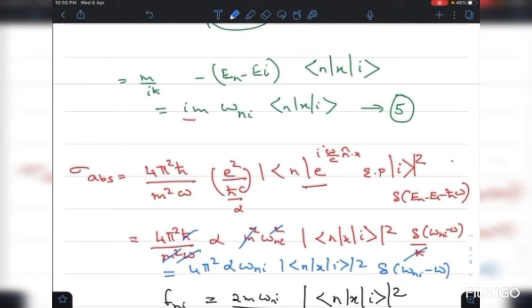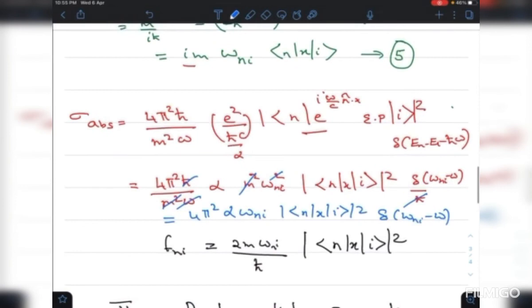Okay, now we'll define an oscillator strength, from classical electrodynamics, Fni. It is defined as 2m omega ni by h cross modulus of n xi the whole square.